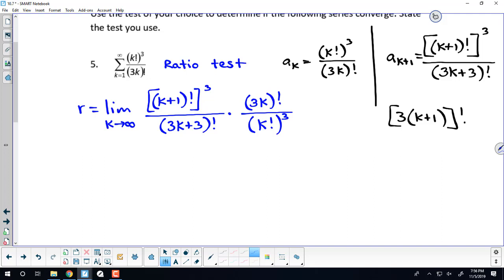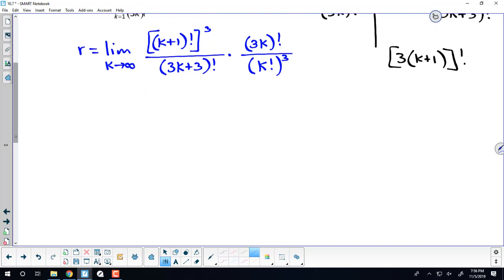So in order to simplify this, like we've done with the other two, we've got to express 3k plus 3 factorial in terms of something times the 3k factorial, so those things can cancel out, and we've got to express the k plus 1 factorial cubed as something times k factorial cubed, so those will cancel. We always expect here in the ratio test that the bulk of that will cancel.